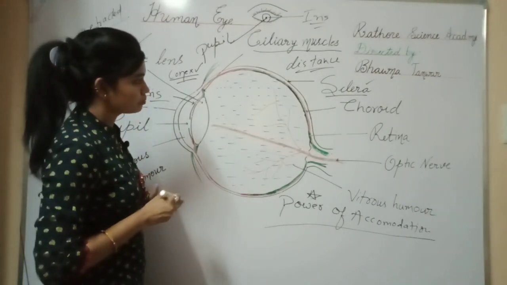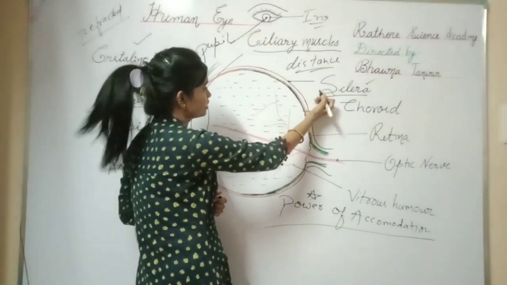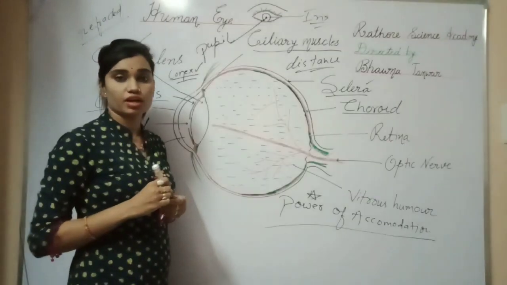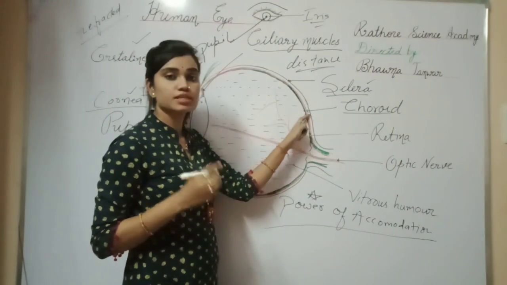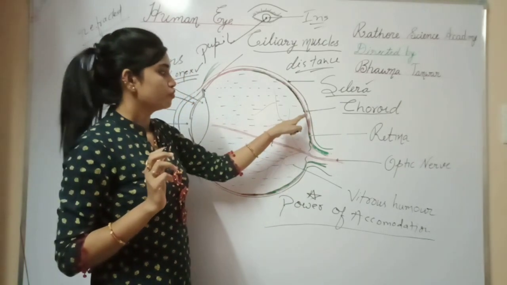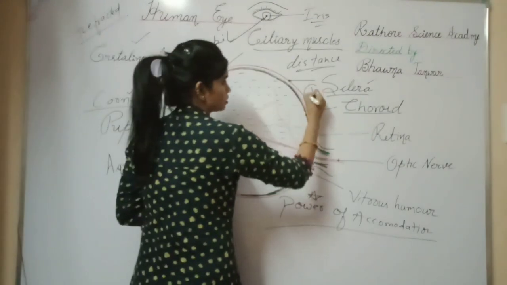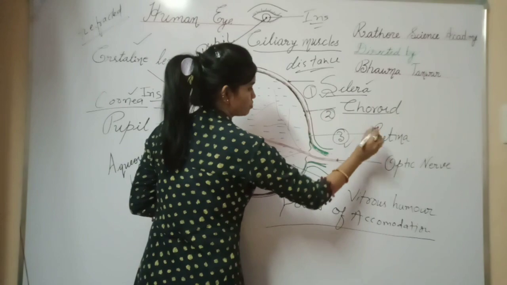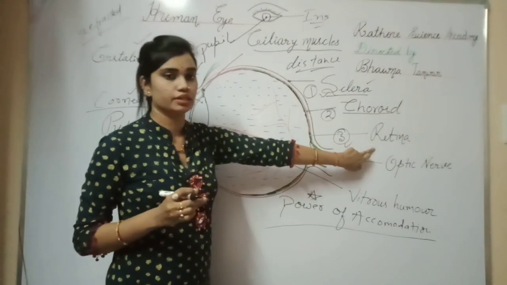Now see, beneath the sclera, which was the outermost layer, the second layer, the choroid, is present. The choroid has some blood vessels which provide nutrition to both the layers of the eye, sclera and retina.